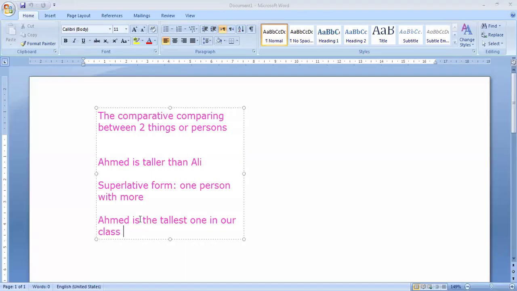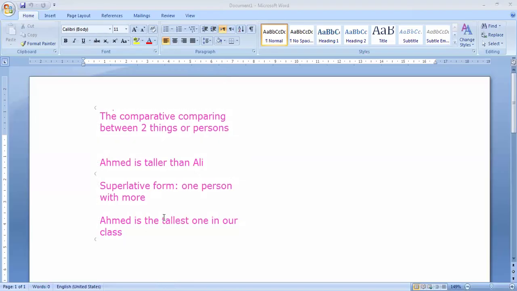No one is taller than Ahmed. Here I used what? I used the. So before the adjective, in the superlative form, we use the. In the comparative form, we don't use the. This is the difference between comparative form and superlative form.